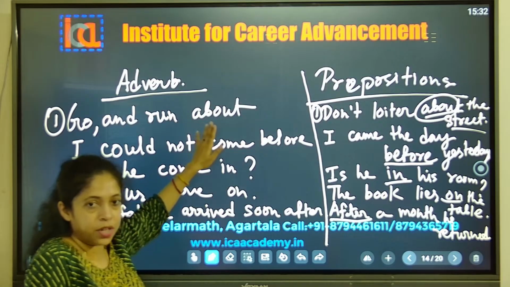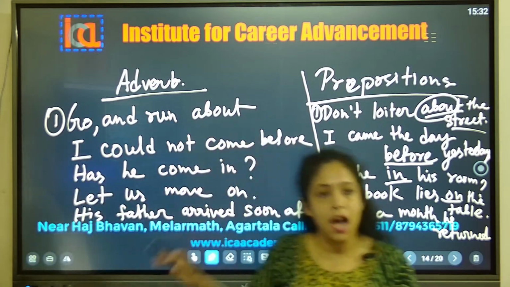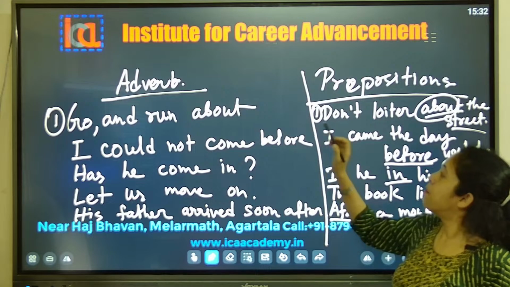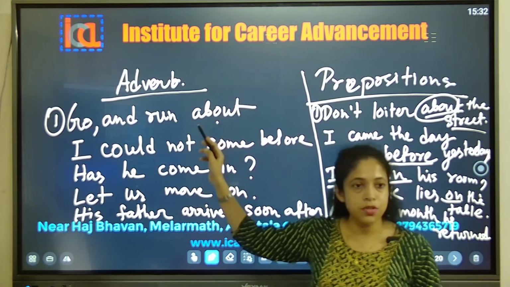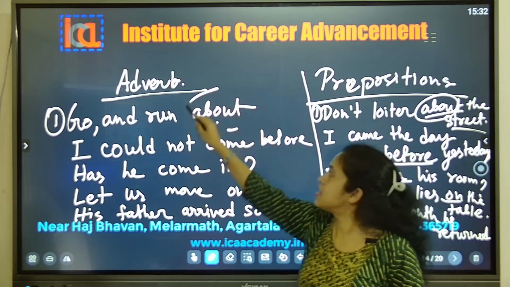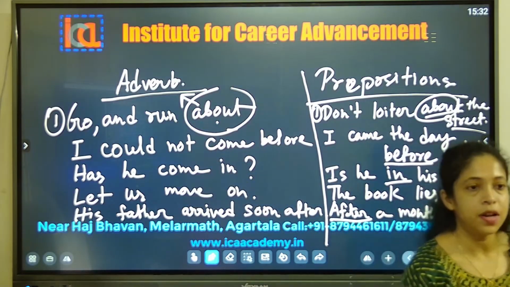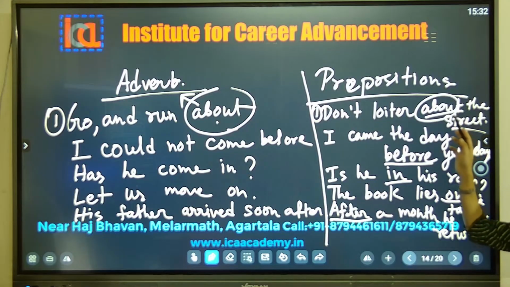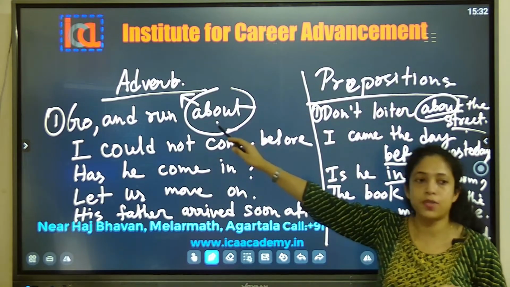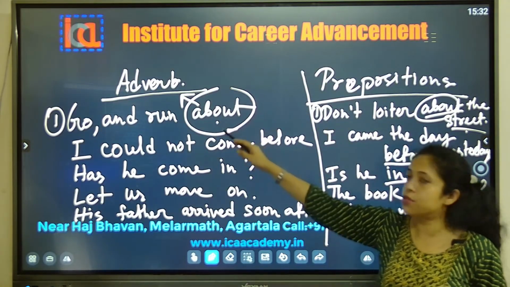So whenever we don't get any noun in a sentence, but a preposition is used, we say this is used as an adverb. Got my point? Whenever we get a noun with the preposition word, then we will say it is a preposition, but the same word converts into an adverb whenever it is used without a noun.